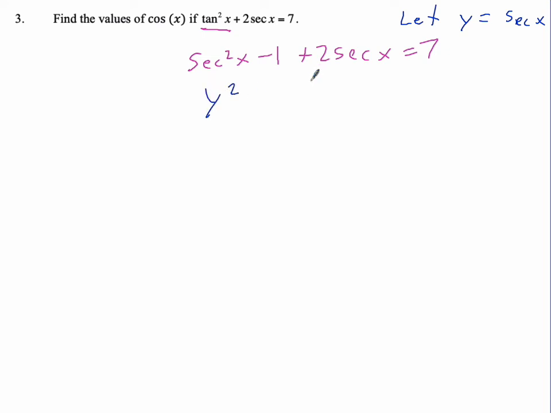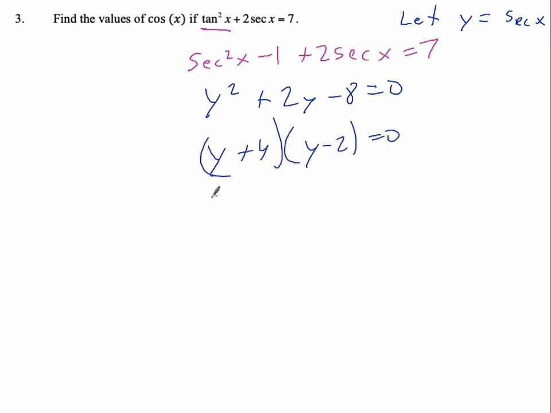So you have y squared plus 2y minus 8 equals 0 when you rearrange the quadratic. Okay, solve this. We get, now y is secant, so secant x equals -4, or secant x equals 2, right?